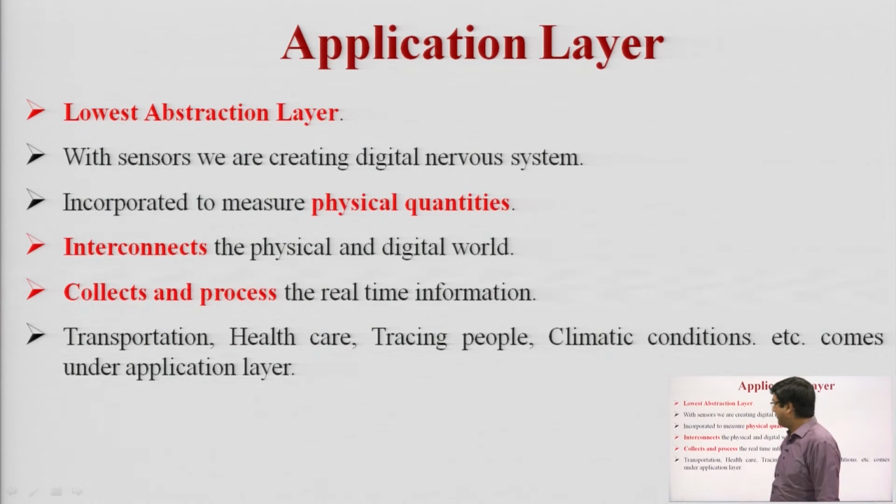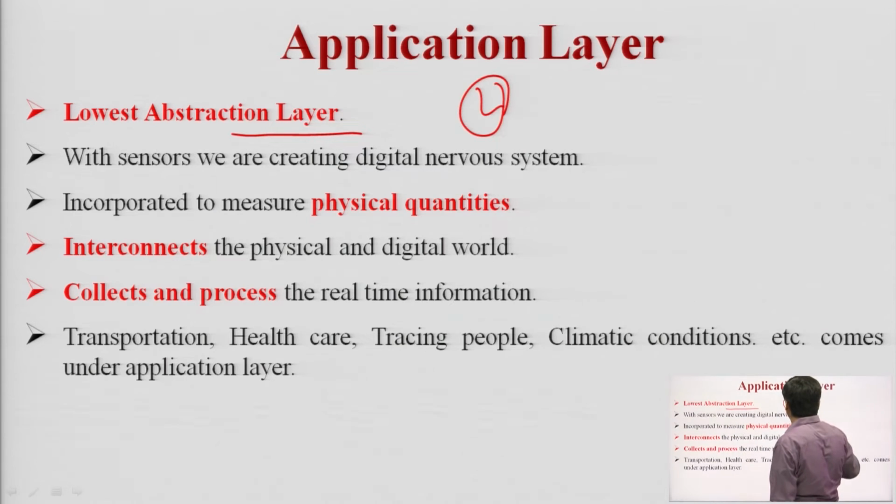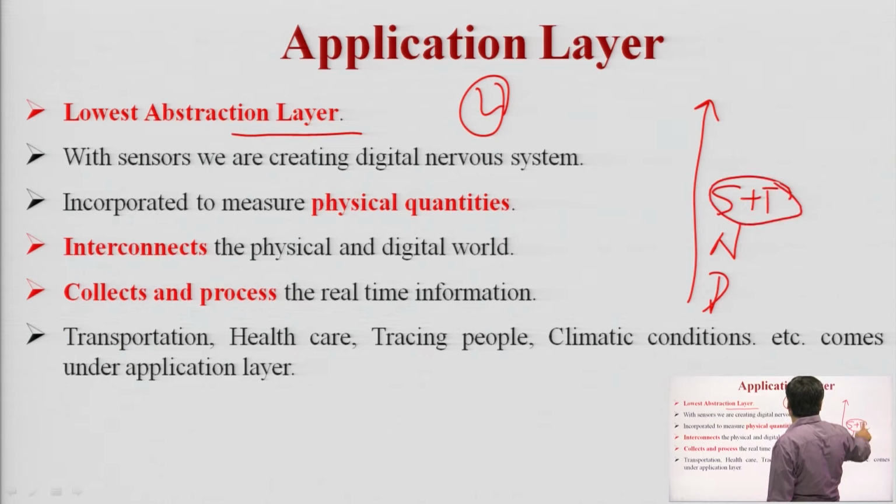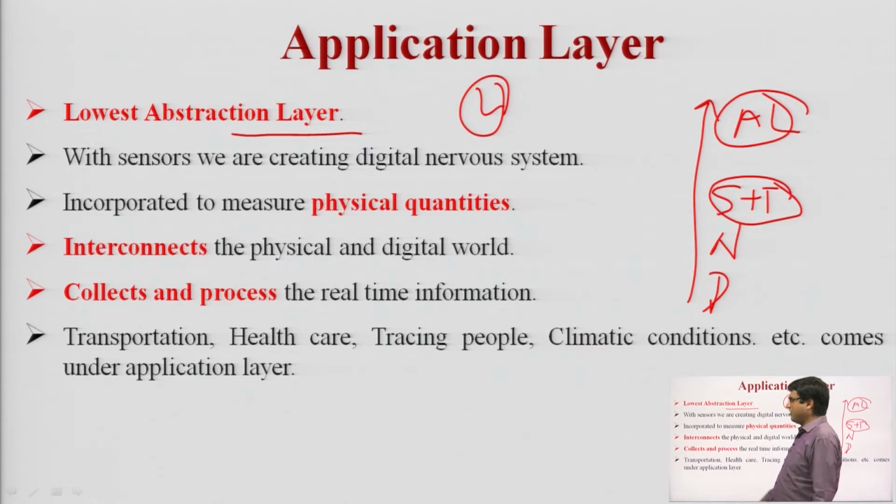After that, the application layer. This is the fourth layer. We are going from the device layer, after that the network layer, service layer, transport layer here, and after that is the application layer. Application layer means whatever system we are using is used for a particular application. With sensors we are creating the data, getting the data.